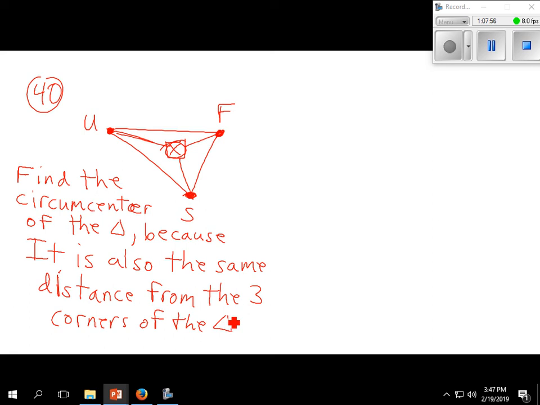So you find the circumcenter because it's the same distance from all three corners. If we wanted it to go to the sides, remember that's the incenter theorem. So if we were trying to find the distance from here to the sides, that would be a different thing. That's the incenter theorem. Problem 39, oops, sorry, I skipped problem 39. I'm going to go back to it.